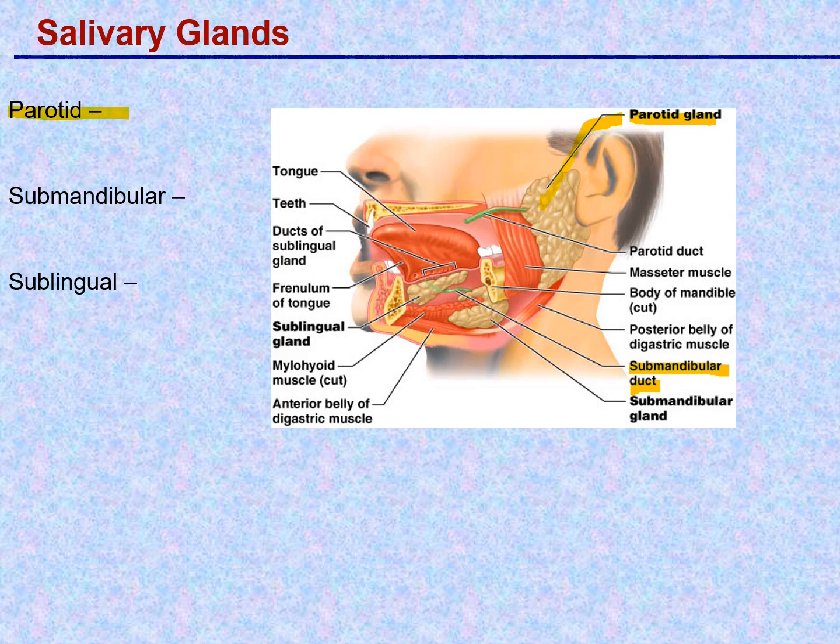So we're sorry, that's the duct. The submandibular gland is below the jaw here. That's the submandibular, and it arches around like that. And the duct leading into the oral cavity drains saliva from the submandibular gland into the oral cavity just beneath the tongue on one side or the other of the frenulum.